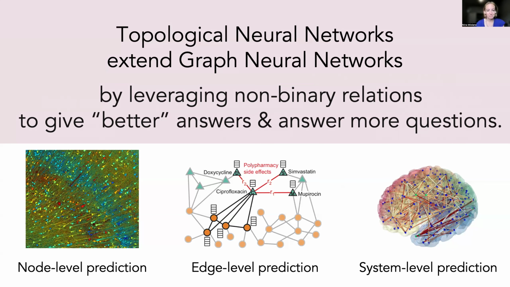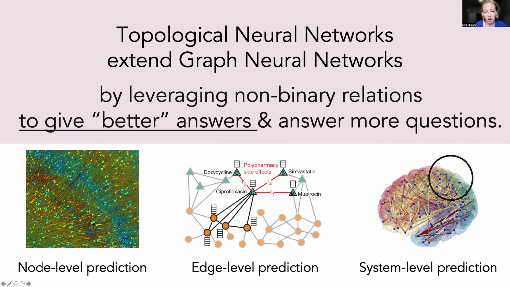So, for example, if we want to think about how topological neural networks, which I'm going to call TNNs now, can give better answers by leveraging non-binary relationships: instead of just looking at binary relationships between components, meaning only looking at edges that exist between any pair of two nodes, it's going to see how many nodes interact together.